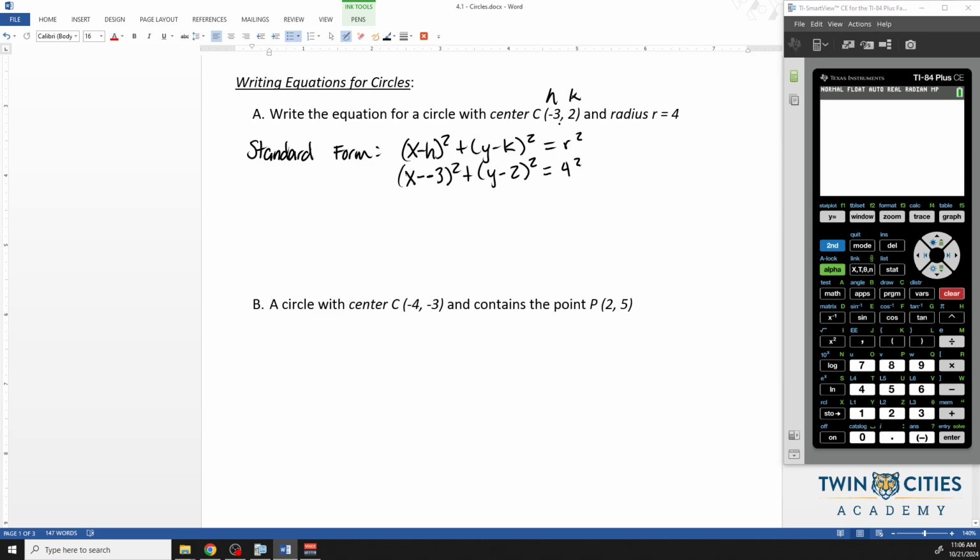Since h was negative 3, this ends up being x minus negative 3. If I subtract a negative, it's really like seeing a positive, so I can change this to x plus 3. So this will be (x plus 3) squared plus (y minus 2) squared. And then go ahead and square your radius. 4 squared is 16.